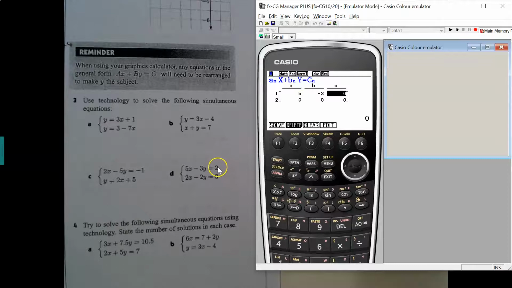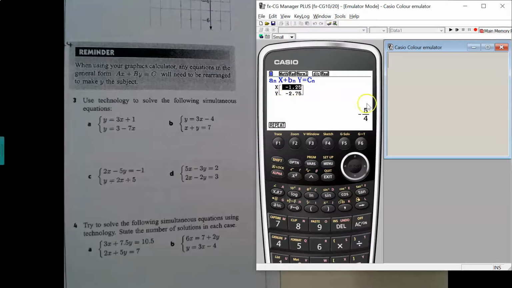And then what value is on the right hand side of my intercept? 2. Okay, and then next I've got the 2, which is in front of the x, then minus 2 that's in front of the y, and then 3 that's on the other side of the equal sign. So once I've got all that information in, I click solve, and the calculator will spit out a solution.